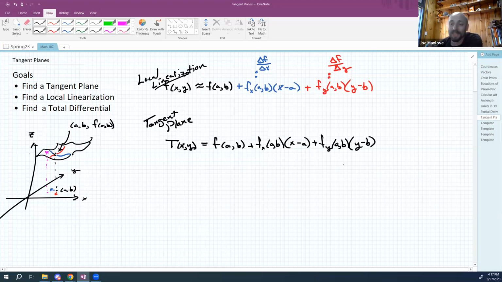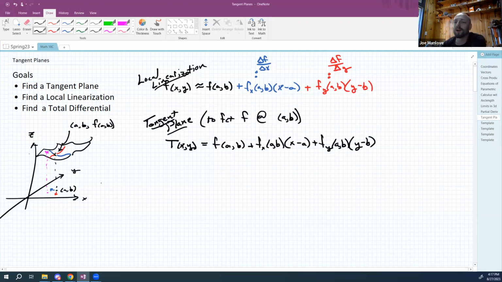That's all this is. So this is the tangent plane to the function f at the point (a, b), given by this formula.